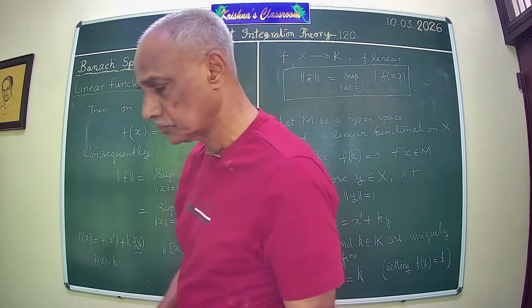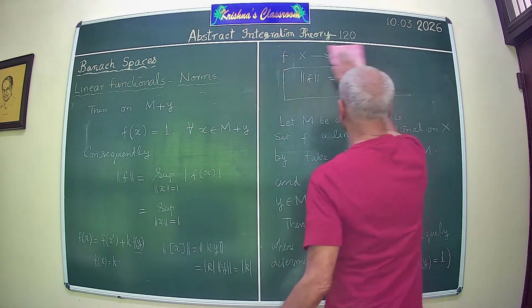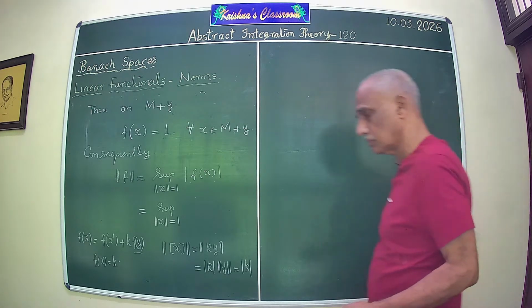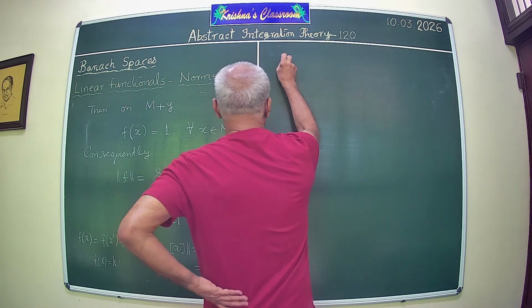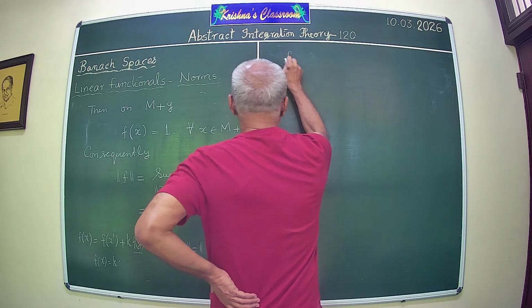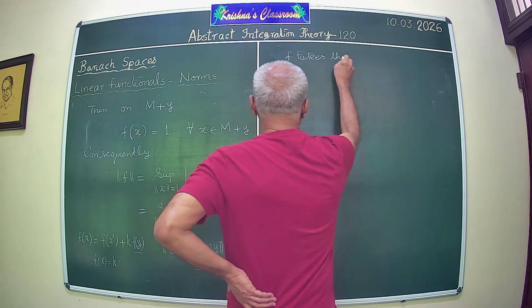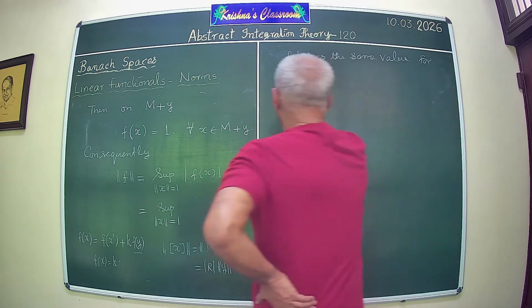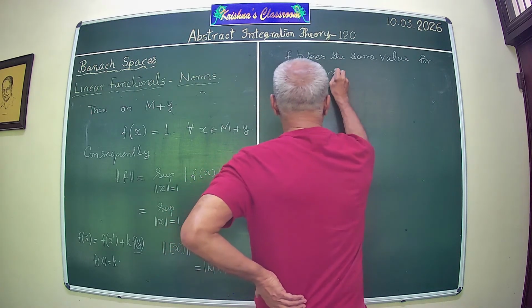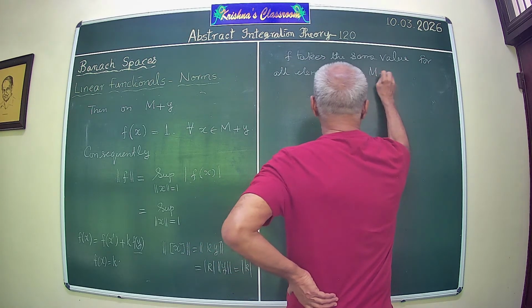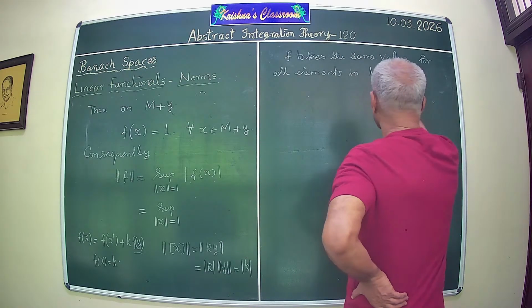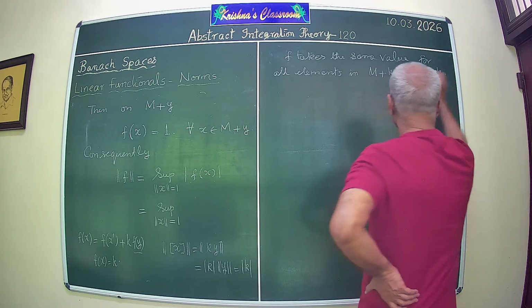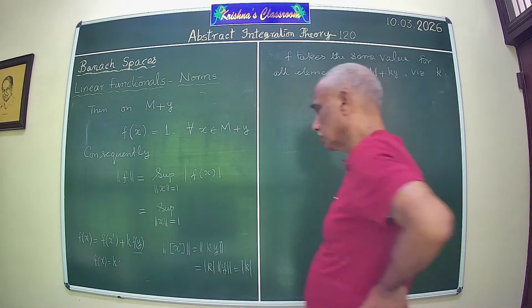Therefore, in this case, f takes the same value on M plus ky, namely k.